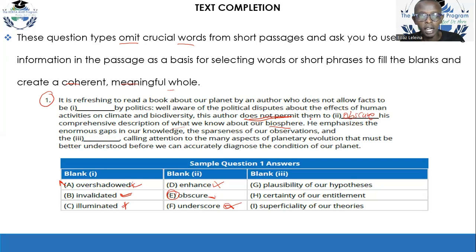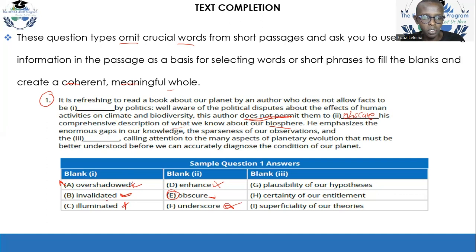So he does not permit the politics to obscure his comprehensive description. Now let's look for the first option that would go well with obscure. It's refreshing to read a book about our planet by an author who does not allow facts to be invalidated by politics, well aware of the political dispute about the effects of human activities on climate and biodiversity. This author does not permit them to obscure his comprehensive description of what we know about our biosphere.